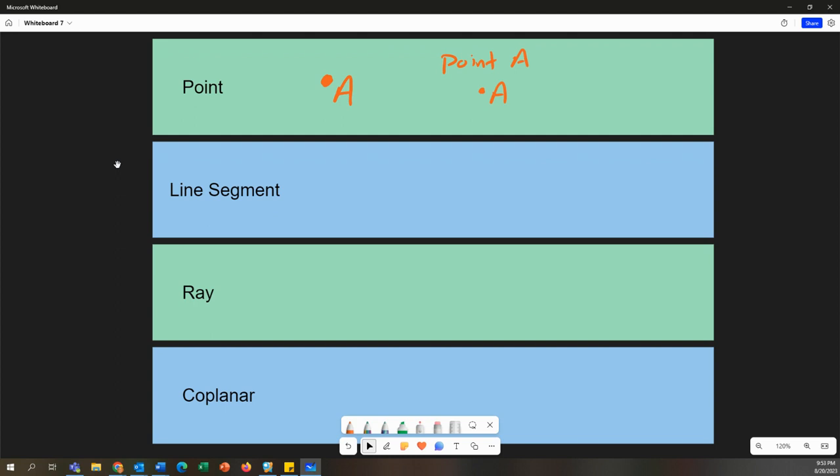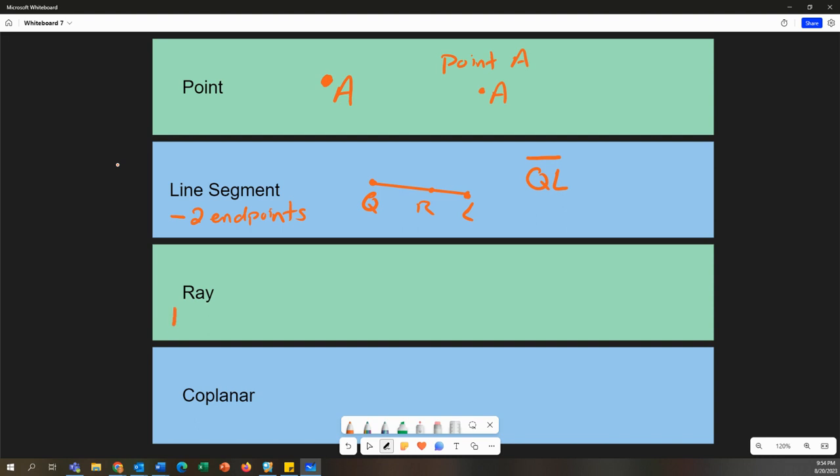Okay, we have a line segment. A line segment has 2 endpoints. So this would be like this. Now the difference here is you want to take those endpoints when you're labeling it. So you would actually have Q, this is an L, and put a segment above it, which means no arrows above it.